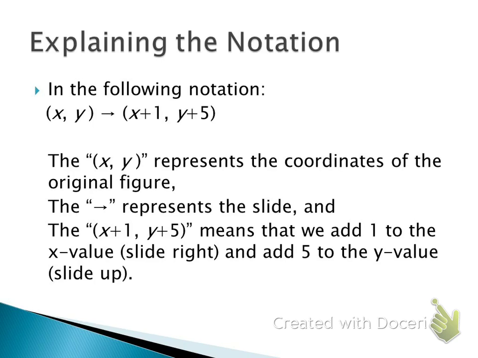So x comma y represents the coordinates of the original figure. The arrow represents the slide. The x plus 1 comma y plus 5 means we add 1 to the x value, sliding right, and add 5 to the y value, sliding up.